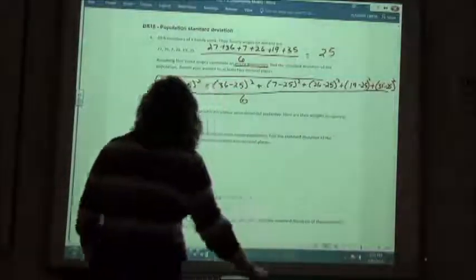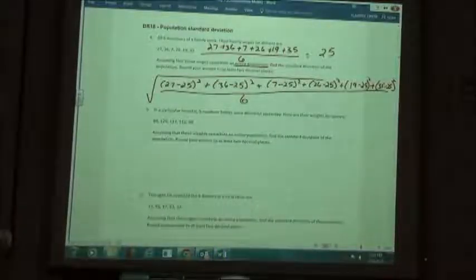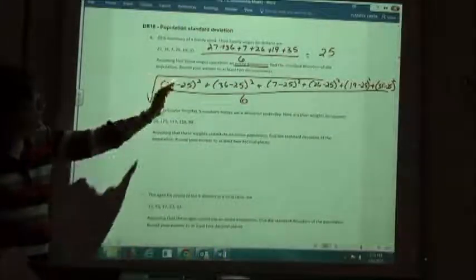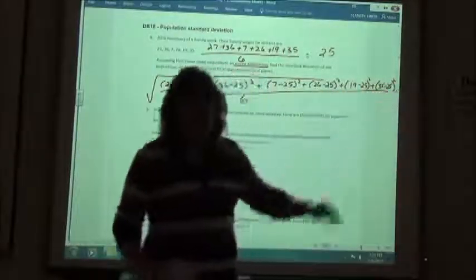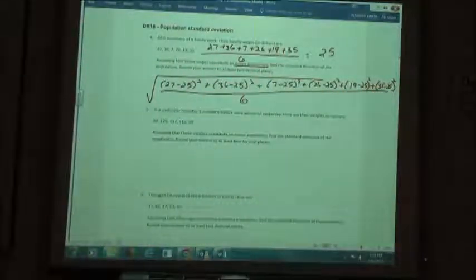So now we have to figure all of this out. I just use my calculator and punch that in on the top just like it looks, with all the parentheses and everything. You could do each of them separately and say 27 minus 25 is 2, 2 squared is 4, and so on. But I just punched it in with the parentheses.